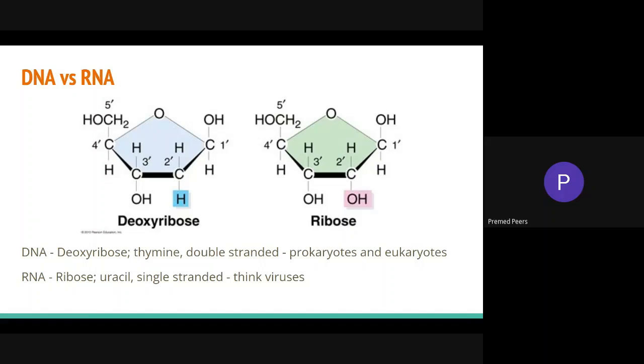Additionally, DNA is double-stranded, while we typically see RNA in a single-stranded form. This isn't always the case, but it is usually the case. Cell-based life, eukaryotic or prokaryotic, uses DNA. However, viruses may use RNA or DNA for their genomes. Also, in viruses, sometimes they use double-stranded RNA.